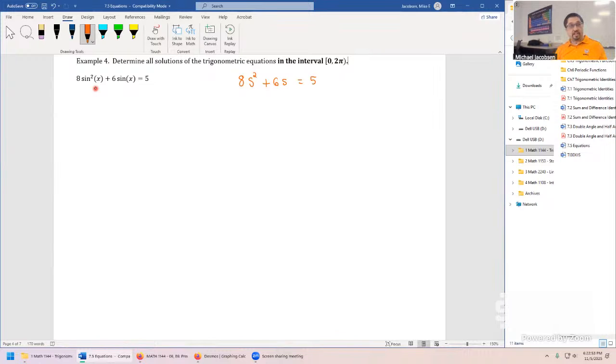If you were solving this as just an ordinary algebra problem where there's no trigonometry in the background, it's a quadratic polynomial, could use the quadratic formula, but the standard thing is try to factor it first. It's often the fastest route to go. Subtract 5 from both sides. 8s squared plus 6s minus 5 is 0, and then just factor the equation.